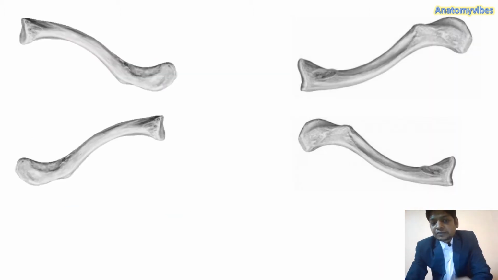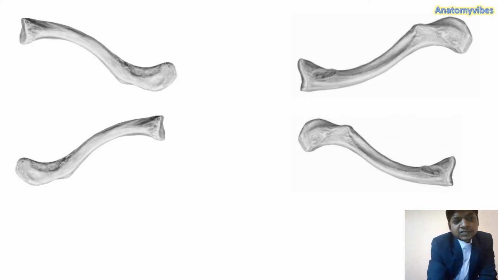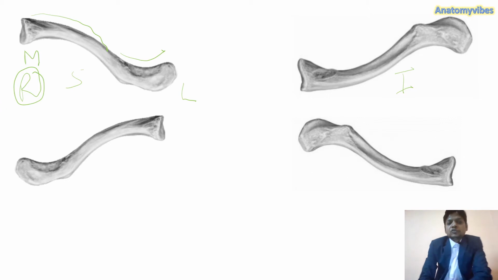So let's determine the side of these clavicles. Superiorly you can see this will be the medial end, this will be the lateral end. Anteriorly convex on the medial side, concave on the lateral side. Superior view, this is the inferior view. So this is the medial end, this is lateral. So this will be of the right side. What about the lower one?